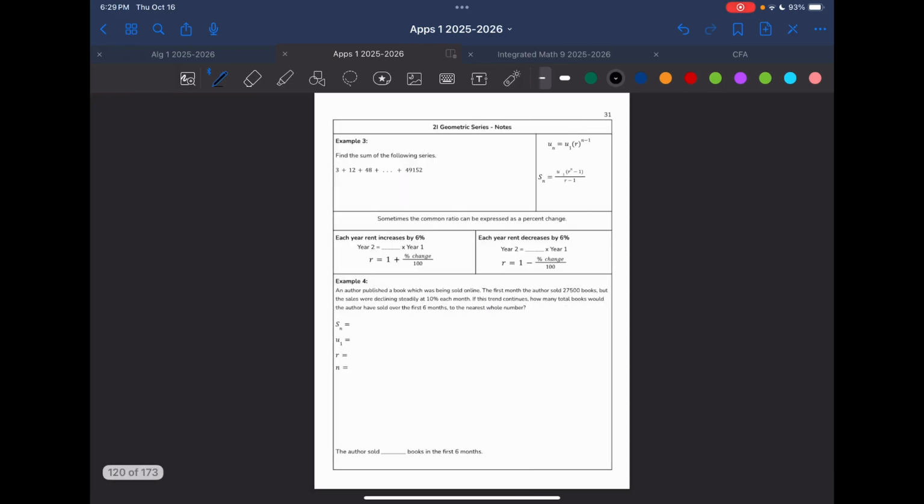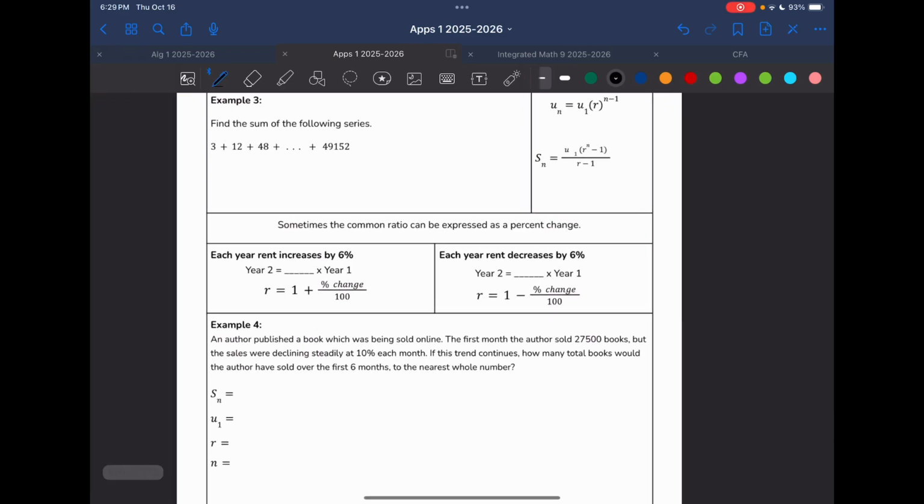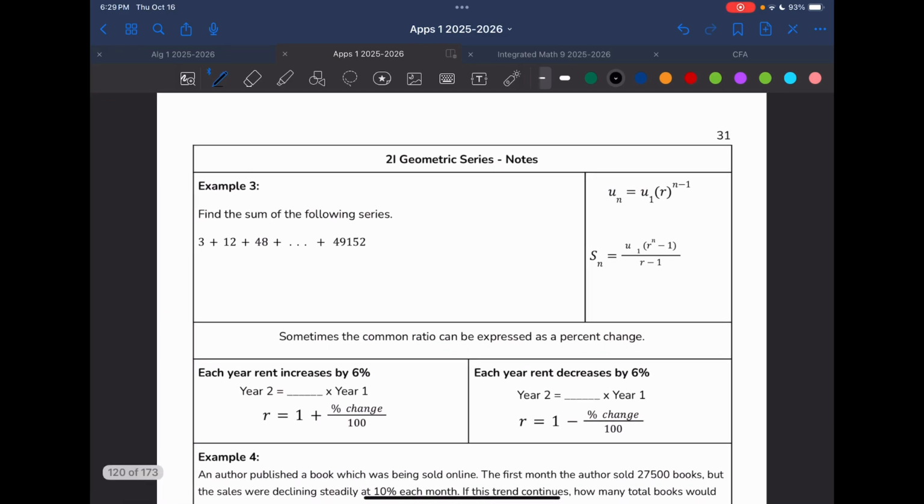All right. So we go on to example 3. Here, this is an example where we know Un, but we need to find n in our formula.